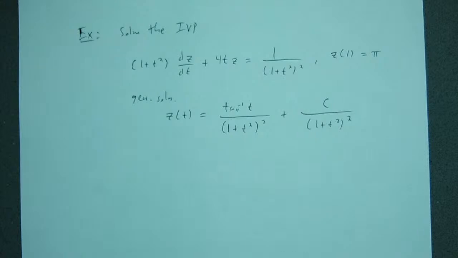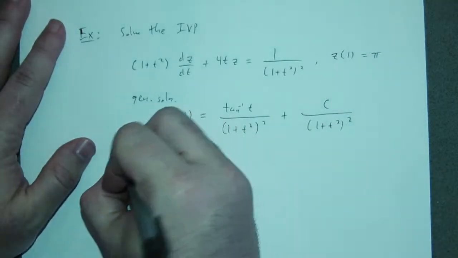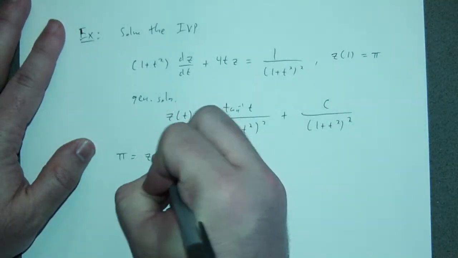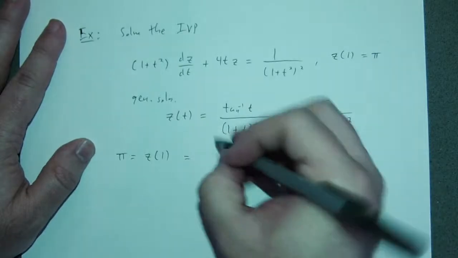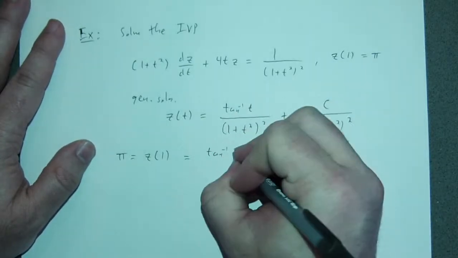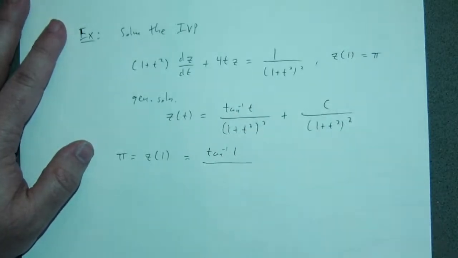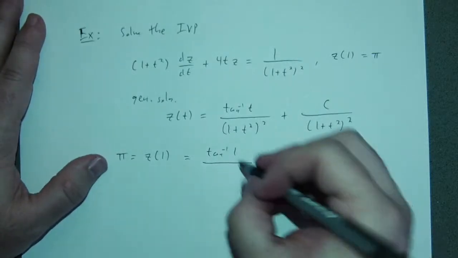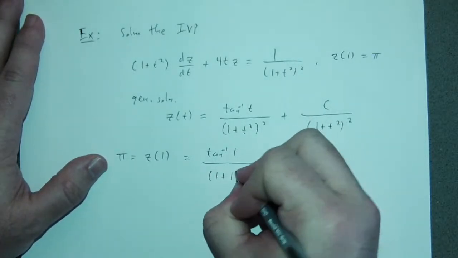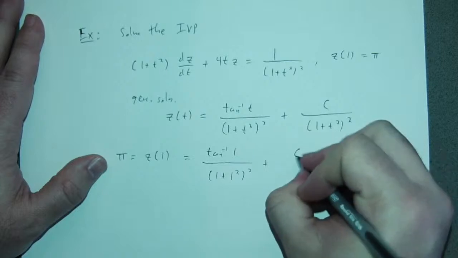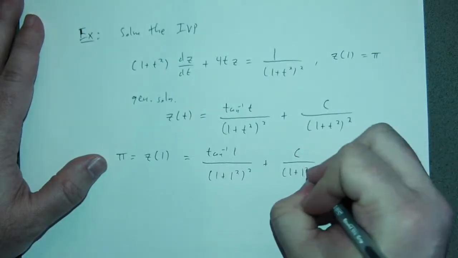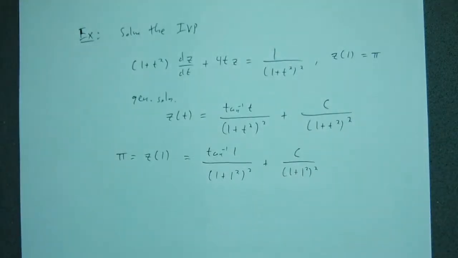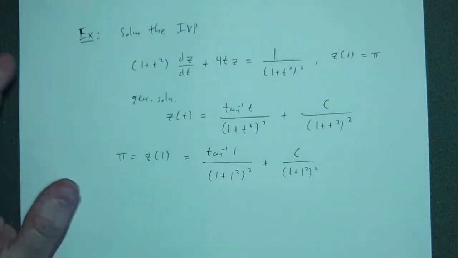Okay. Imposing the initial condition in the same way, pi is equal to z(1). z(1) here is arctan(1)/(1 + 1^2)^2 + c/(1 + 1^2)^2. So then what is arctan of 1? Let's think for a second.